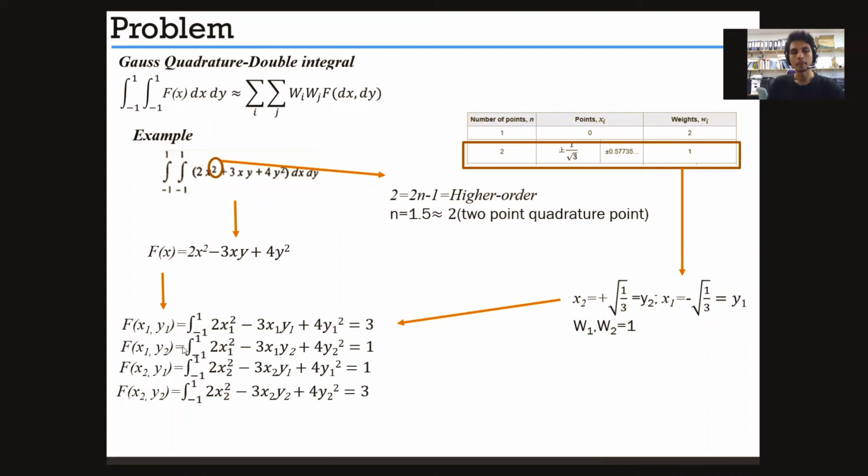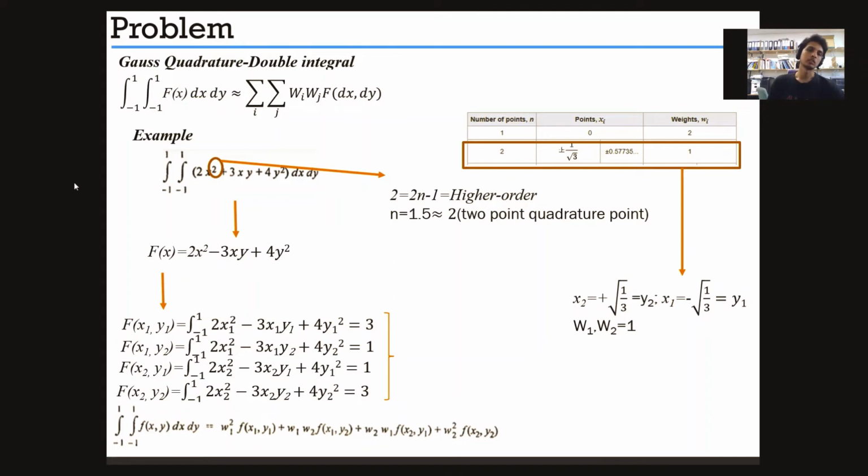Okay, and now if we express the total equation here, then it would be w1 square f of x1 y1, w1 w2 f of x1 y2, and w2 w1 this one, w2 square this one.